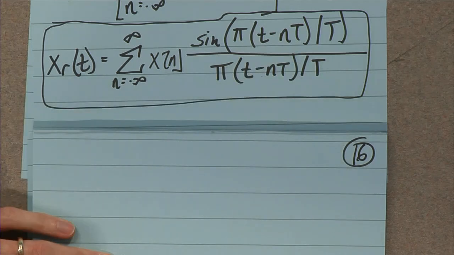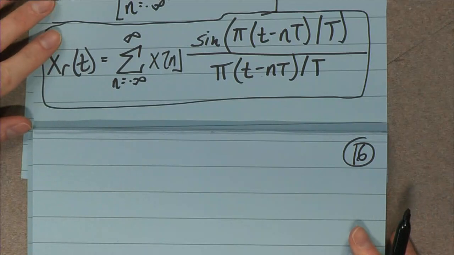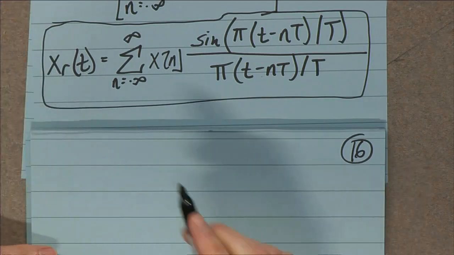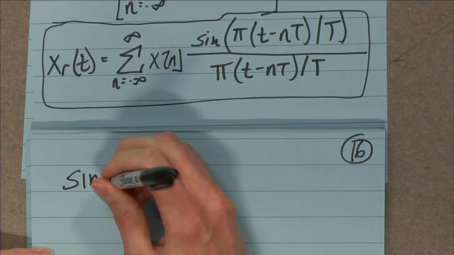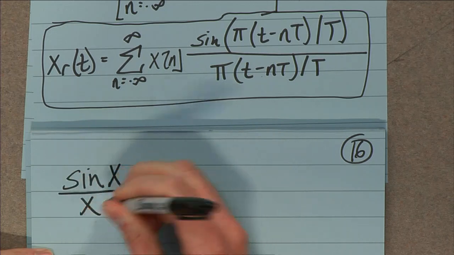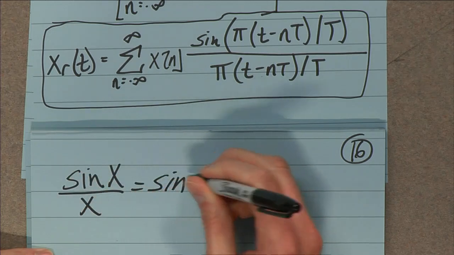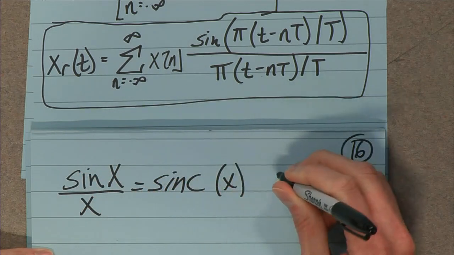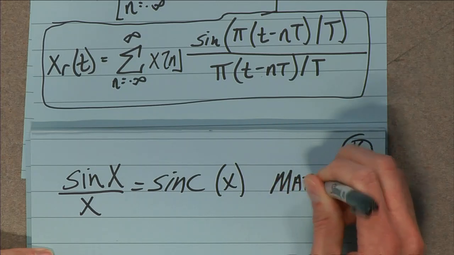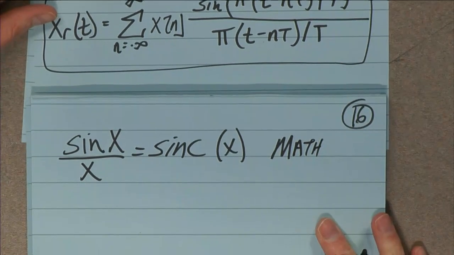Now, just a point of note when you're trying to use this, because it can bite you. Sine of x over x is sinc of x in the mathematics world.